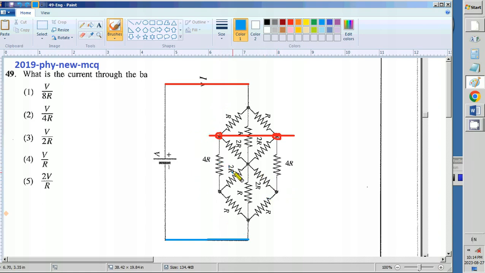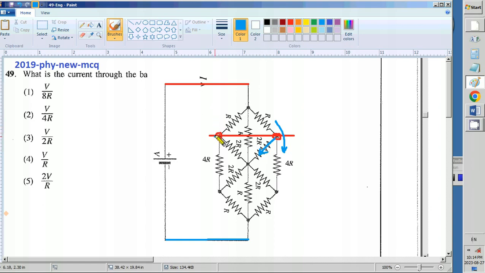Not only that, you have to check these extra sublines also. While the current is coming like this, some current comes and joins from here, from 2R. When the current flows along this line, some current comes and joins from this same 2R. And while it is going along this junction towards this 4R, some current leaks away to this 2R.